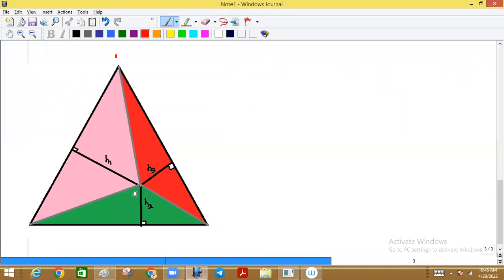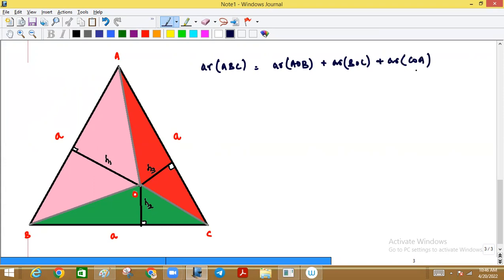I said it is equilateral, ABC. What are the sides? This is A, this is also A, this is also A. This is point O, right? Can I say area of ABC is now the sum of areas of AOB, BOC plus COA, right?